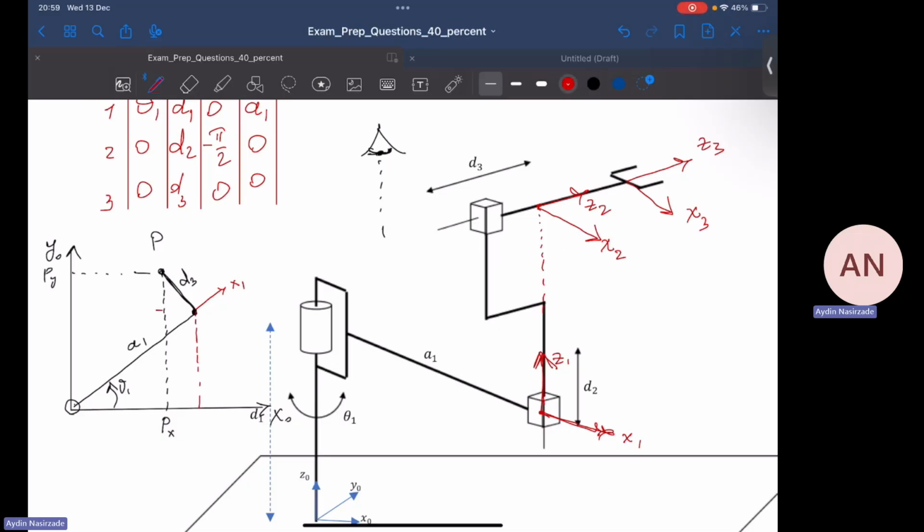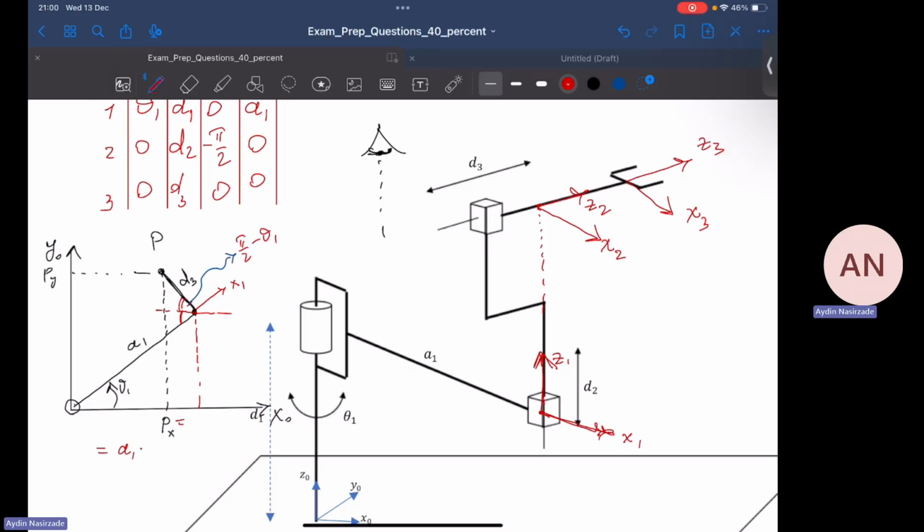Now this is theta 1 as well, and that's why this becomes pi by 2 minus theta 1.